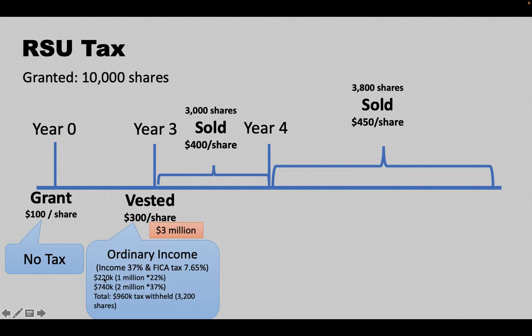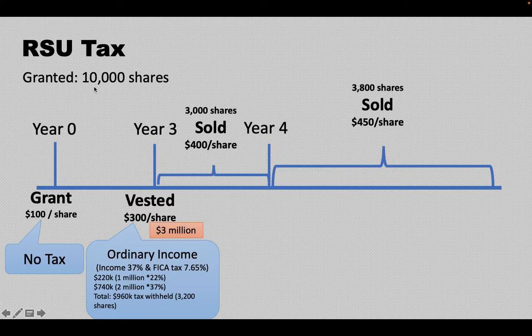So you can see the total amount is $960,000. Usually the company will sell your shares to cover this withholding amount. How many shares to sell? Here it is 3,200 shares. You get it by taking $960,000 and dividing by $300 per share, which gives you 3,200 shares.